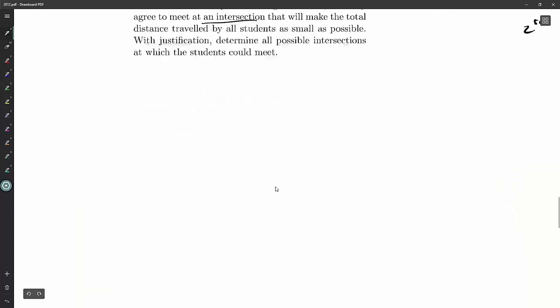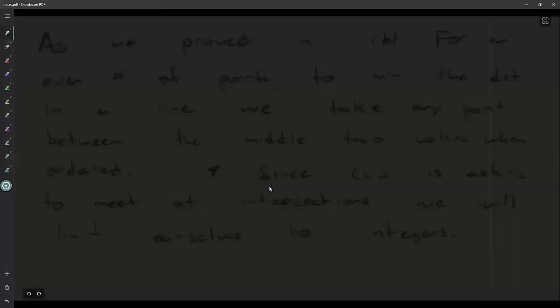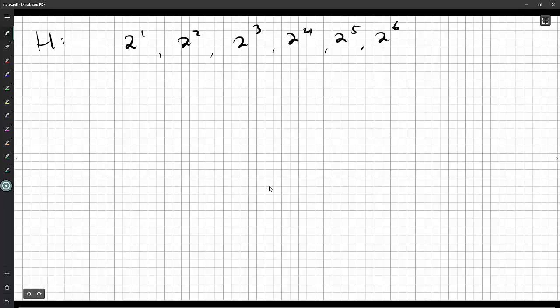Okay, oops. Wrong button. So, I don't know, let's work horizontally. So my numbers are 2 to the 1, 2 to the 2, 2 to the 3. Now these numbers are going to get pretty big pretty fast, so we'll know what the last few are.